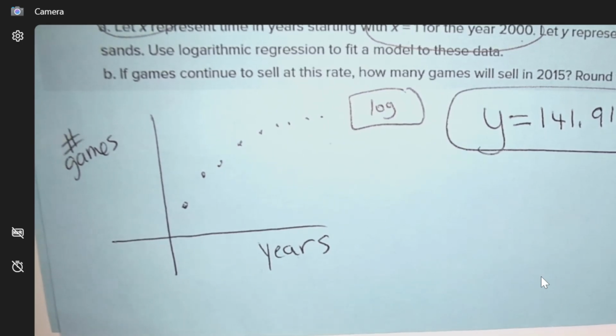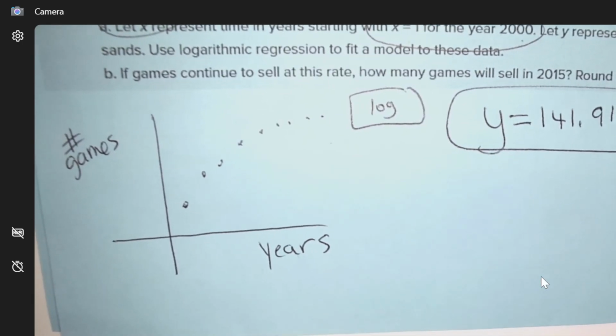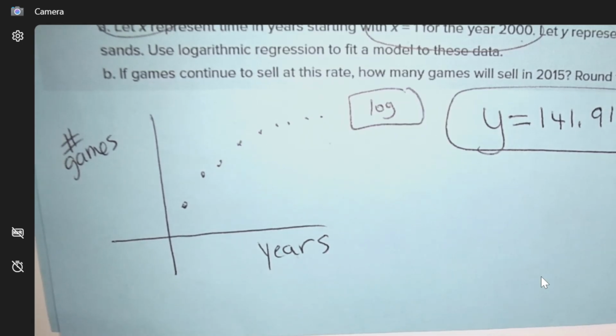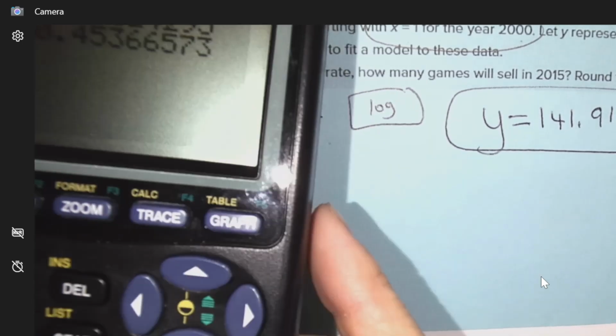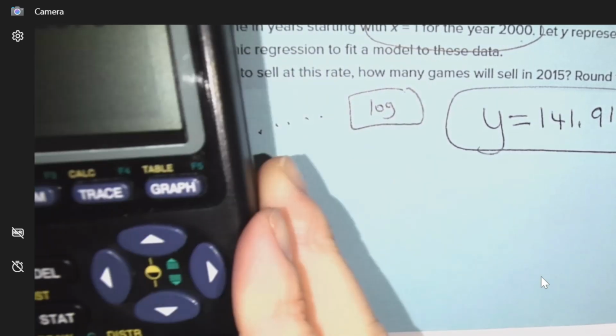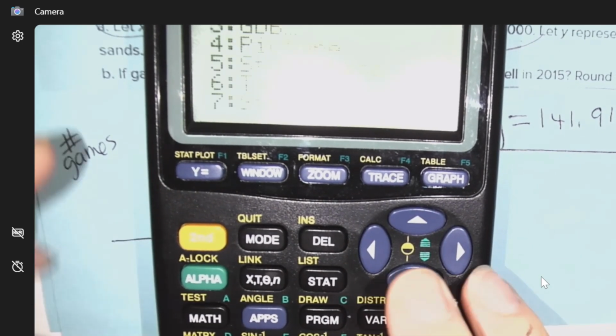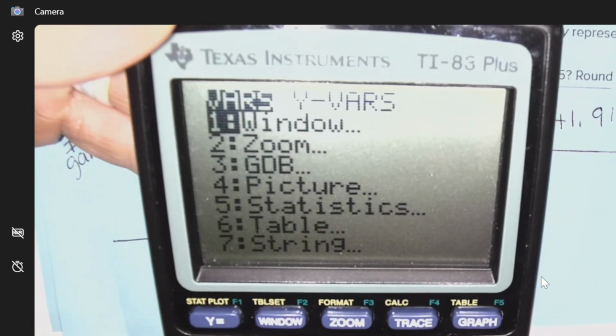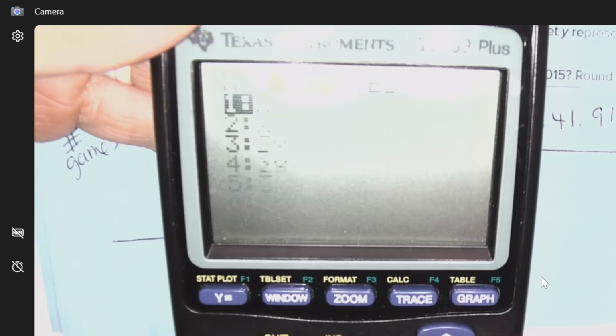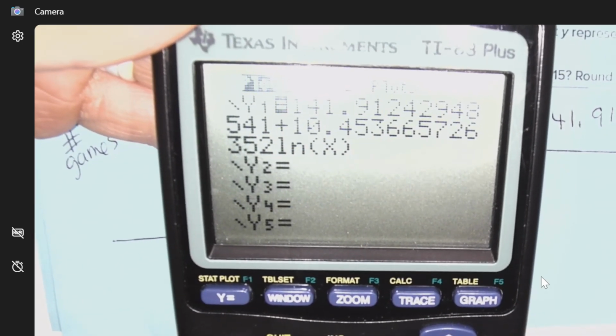How many of you forgot y equals on your last test when I said write an equation? Y equals vars, stats equation to get it copied and pasted.